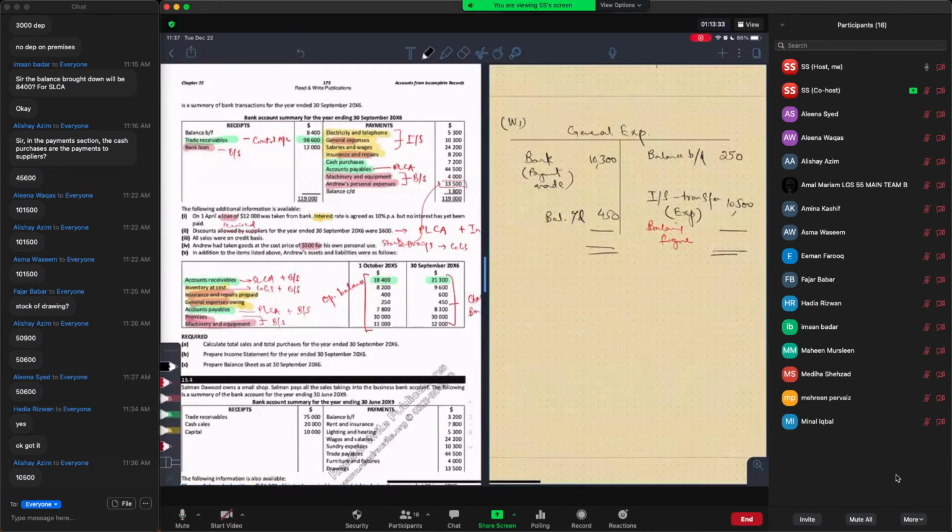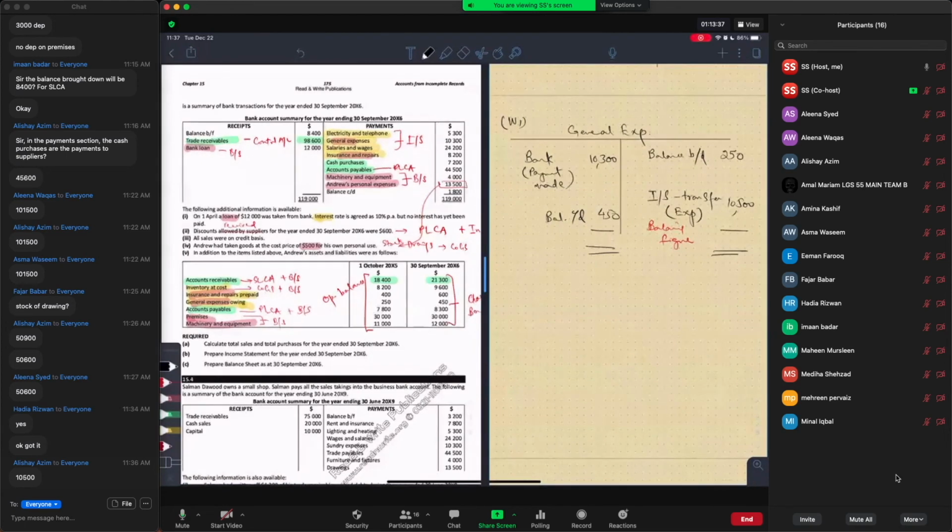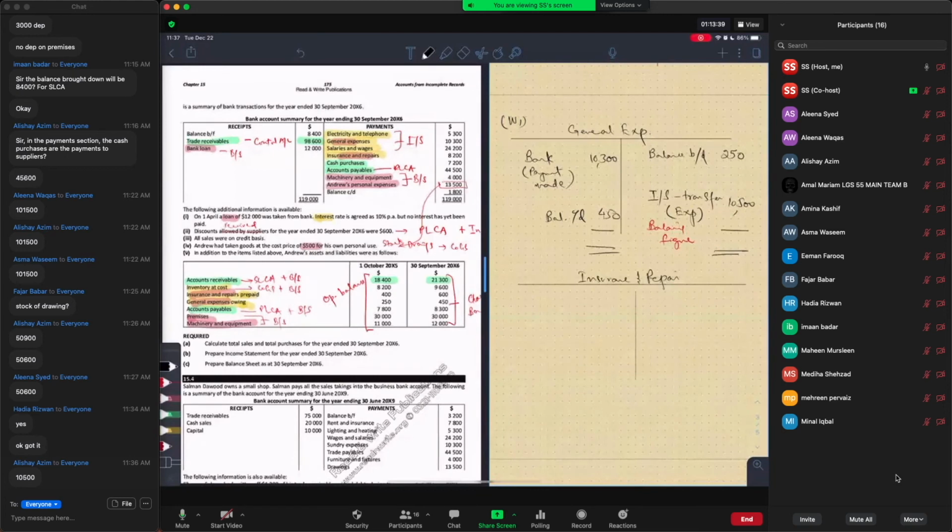Insurance and repairs. Since this is a prepayment, and a prepayment is an asset, the balance brought down and the balance carried down will appear the way asset account balances appear, like the sales ledger control account balances, right? And last year insurance and repairs were prepaid at $400. This year it's prepaid at $600.